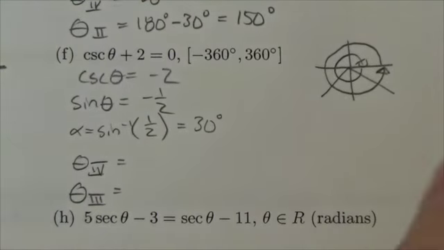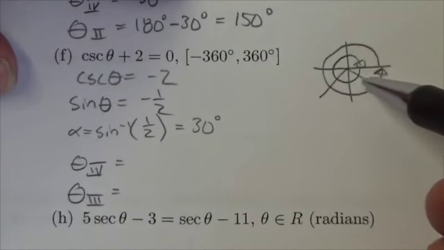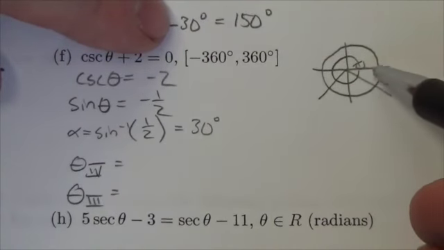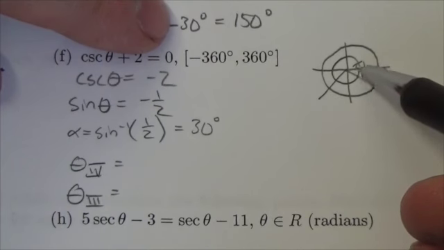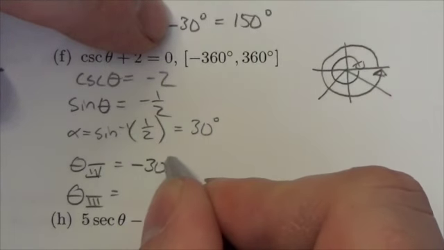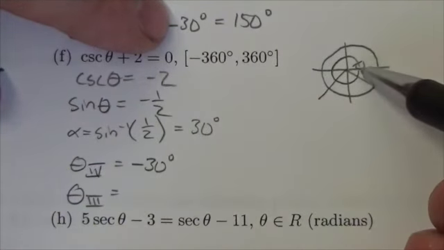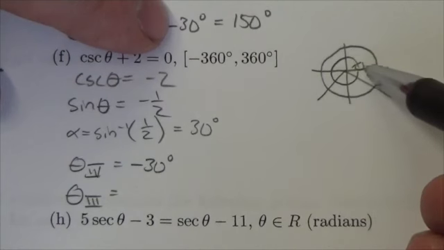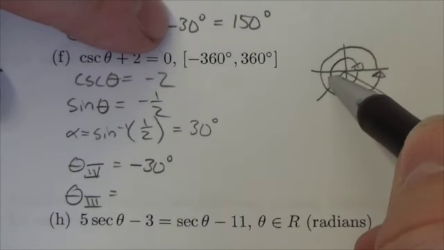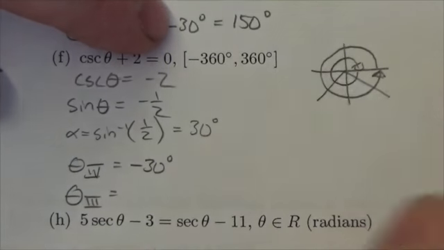So first of all, I'm going to look at the negative rotation here, because it comes first, this negative 360. So starting at 0, I go down my reference angle, so 30 degrees, to get to my terminal arm. So my first angle in the 4th quadrant is negative 30 degrees. Now my next angle along this arrow here is in the 3rd quadrant. So I'm going to rotate negatively 180, so it's negative 180.